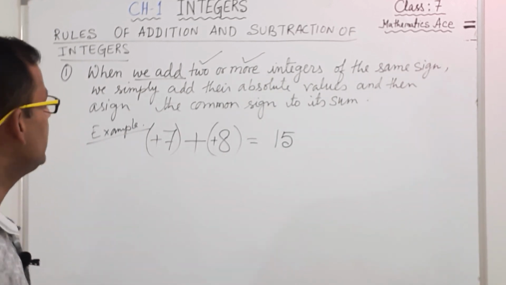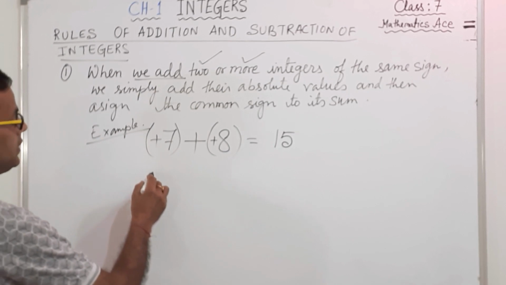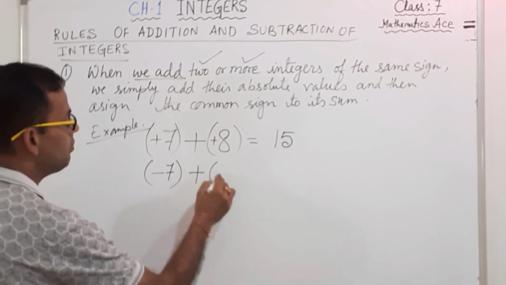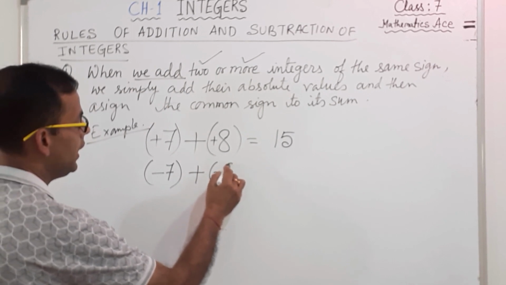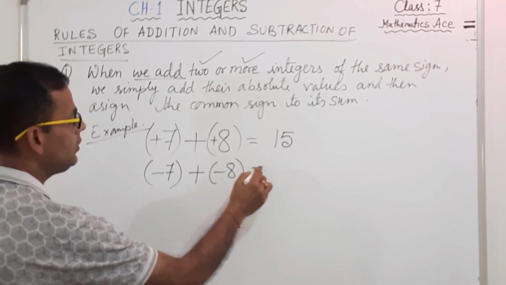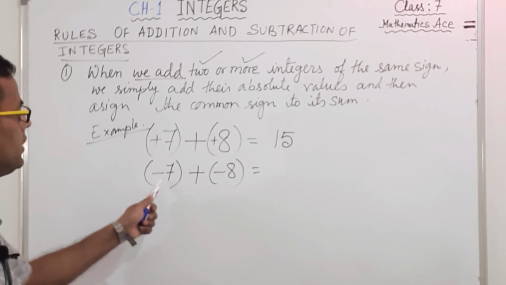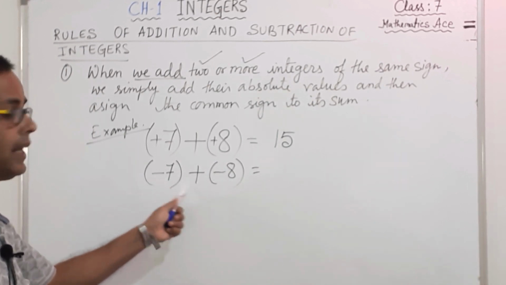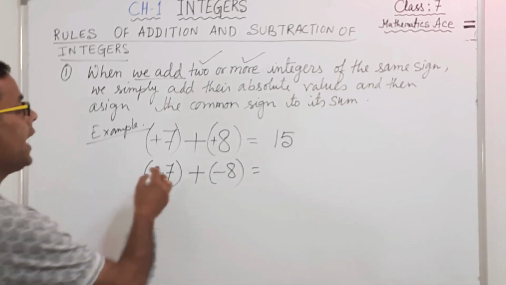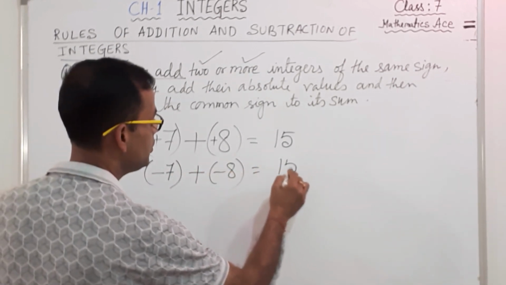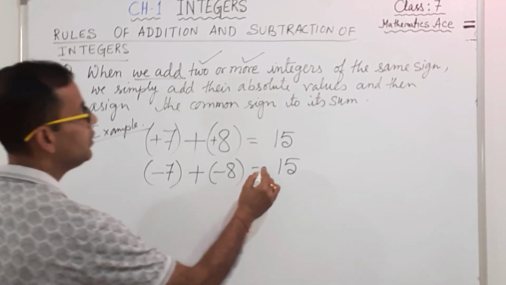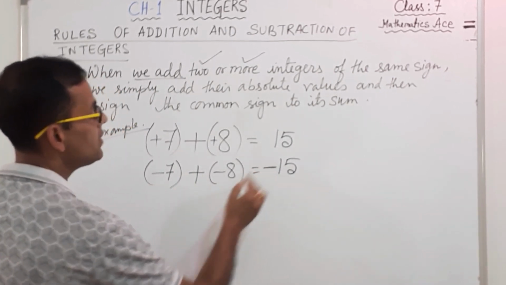Okay. Then if I take another one, suppose minus 7 plus minus 8. Clear? Now this one also you see, this is an integer, this is an integer. Both are having the same sign and you are adding them. Okay, we will add the absolute values and we will take the common sign, minus is the common sign.